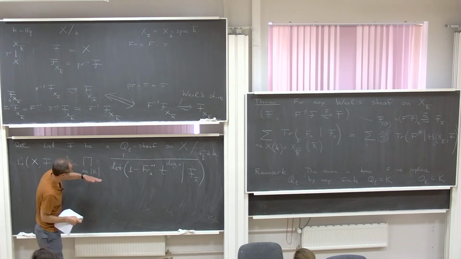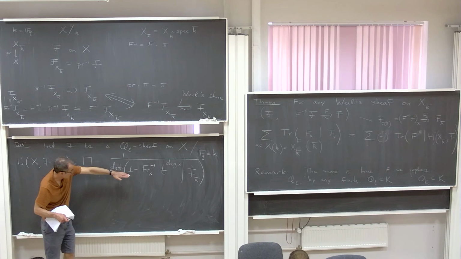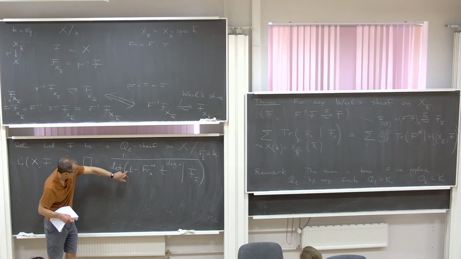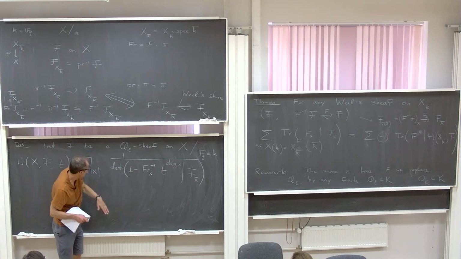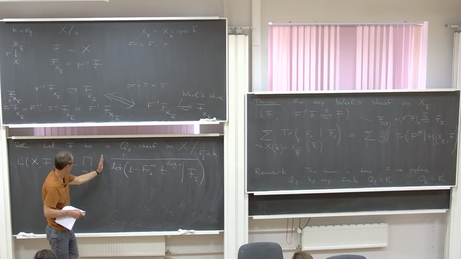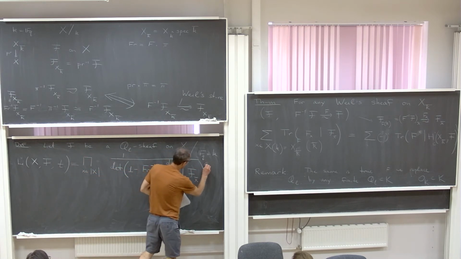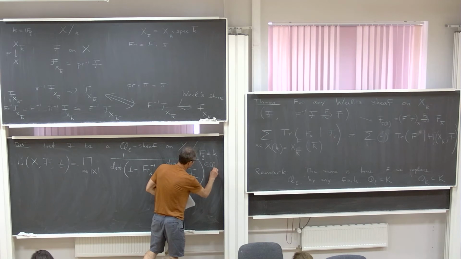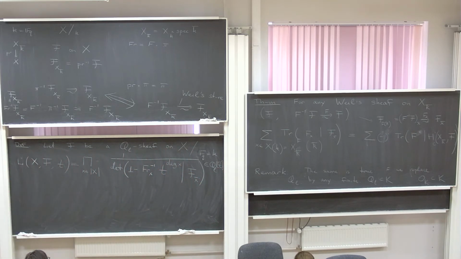This is a polynomial that starts with 1, so its inverse is a formal power series in T. So this infinite product makes sense as a formal power series in T.